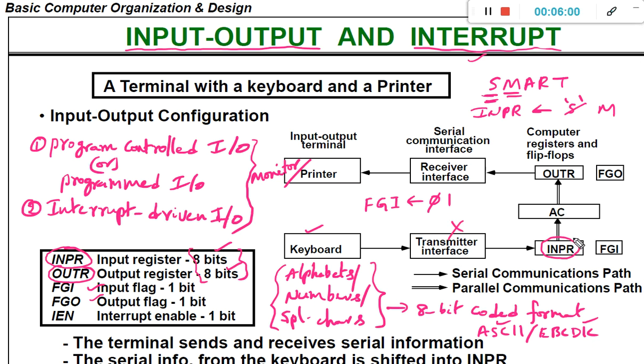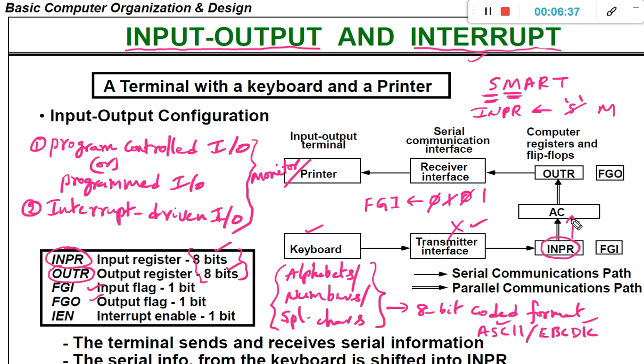Once the content of the INPR is moved to the accumulator register and INPR is cleared, then we are going to reset the FGI value to 0. What does it mean? Now the INPR register is free. Now we can give the green signal to the transmitter interface, and whenever the user types the next character M, the M value will be moved to INPR. So like this it is controlled using the input flag.